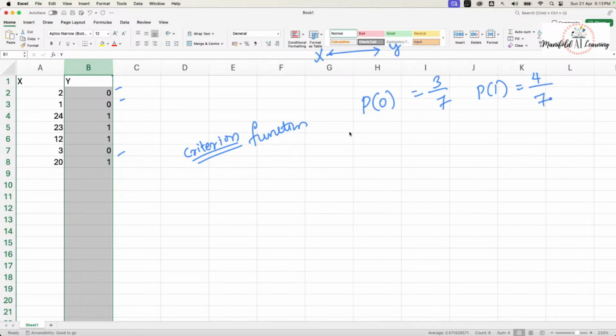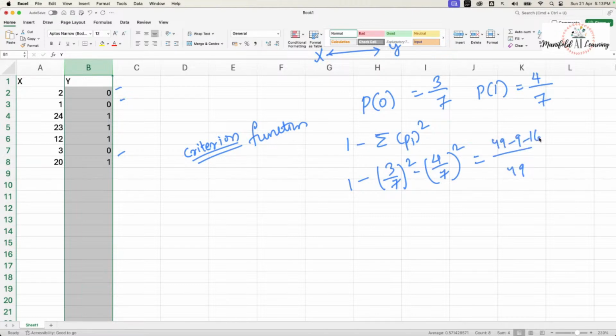Now the impurity is given by 1 minus the sum of p_i whole squared, which is nothing but 1 minus (3 by 7) squared minus (4 by 7) squared. If you simplify this, it will be 49 minus 9 minus 16 over 49, which is nothing but 24 by 49.